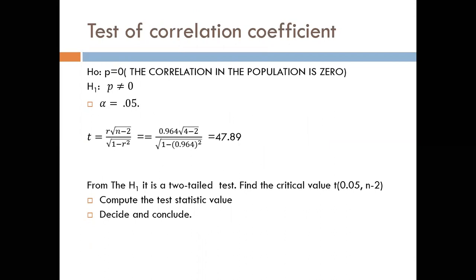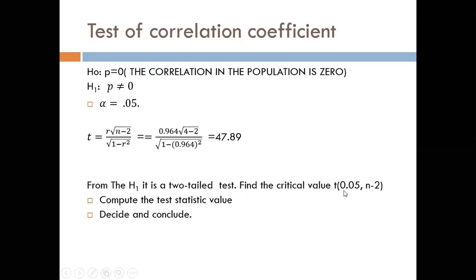So you fix in your 0.964 times the square root of 4 minus 2, because n was 4, divided by the square root of 1 minus R square, which should give us 47.86.